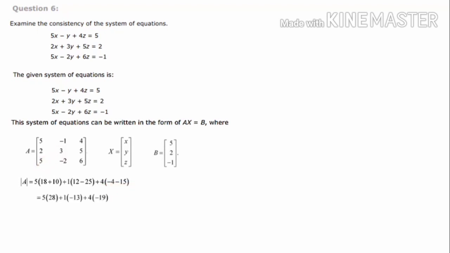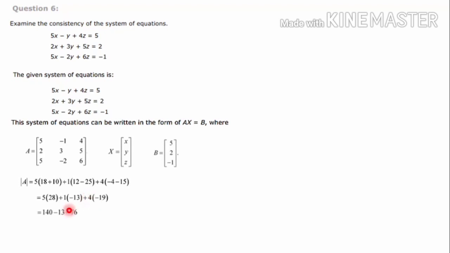Go for the calculation, that is 5 into 18 plus 10, that is 28, plus 1 into 12 minus 25, that is minus 13, plus 4 into minus 4 minus 15, that is minus 19. Further calculation, 5 into 28 is 140. Then plus into minus, 1 into 13, that is 13. Then here 4 into 19, 76.